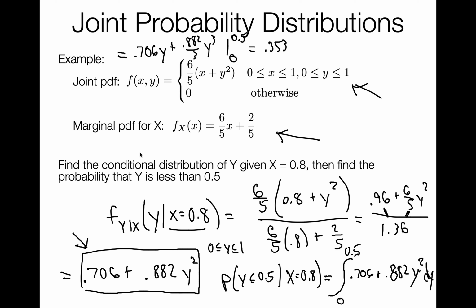So it's really 0.353 plus 0.037. And when we add those together, we get 0.39, or 39%. And that is the answer to the question, what is the probability that y is less than 0.5 given that x is equal to 0.8?